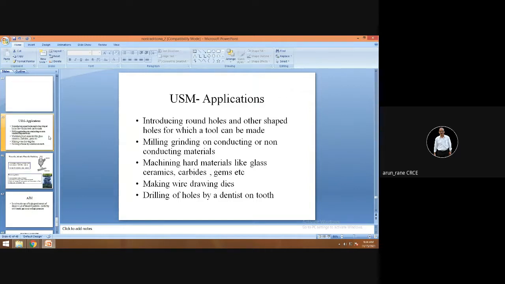The applications of ultrasonic machining are to produce round holes.